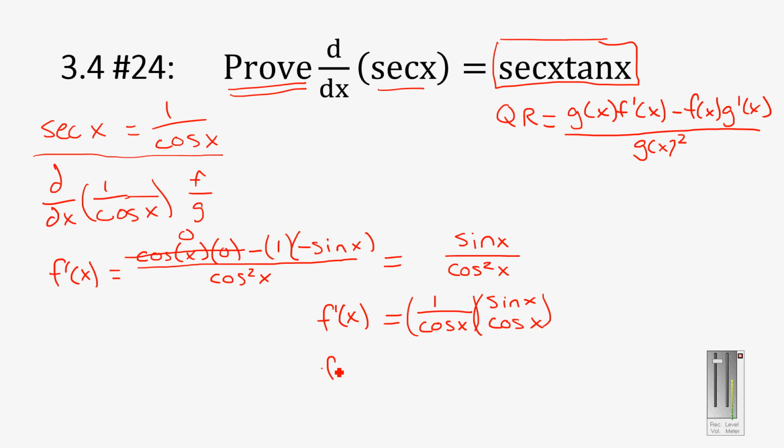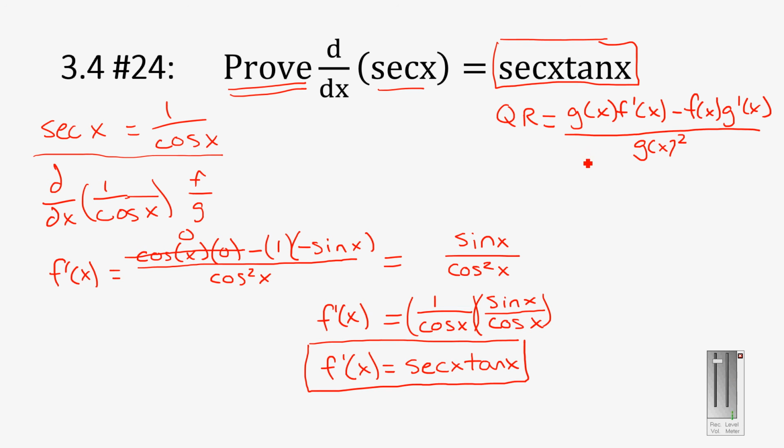So isn't it true then that I can write 1 over cos x as secant x? And if you look back to the definition, tangent x is sine x over cos x. So look in the front matter of your textbook. And what you'll find is that f prime of x is secant x tan x.